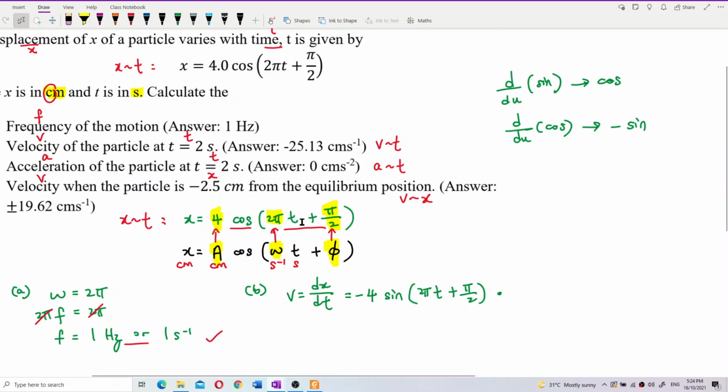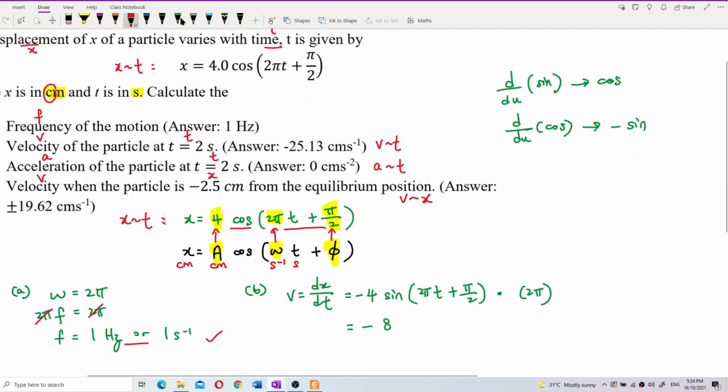Differentiate 2 pi t versus time. Differentiate 2 pi t over t, I get 2 pi. This one I get 2 pi, multiply 2 pi. So in the end, I get negative 4 times 2, get 8.